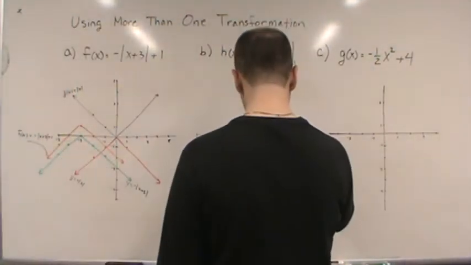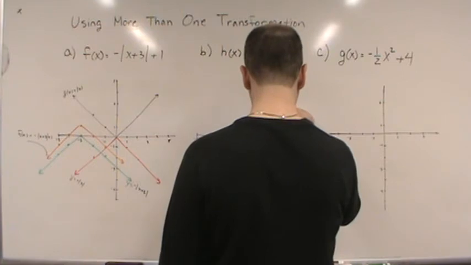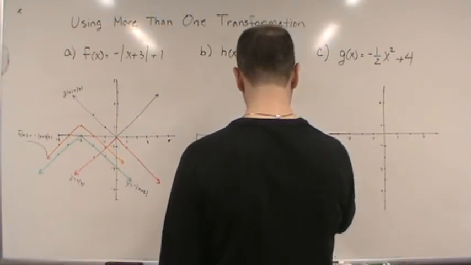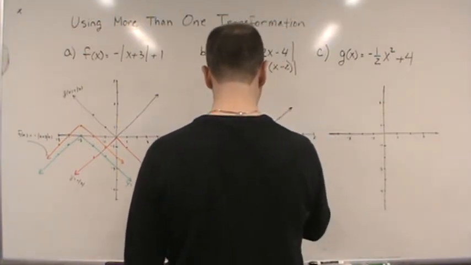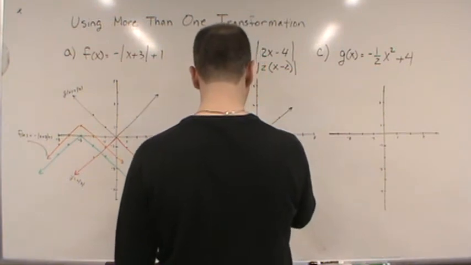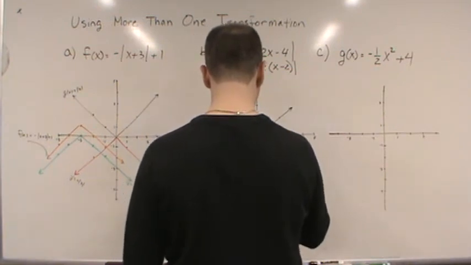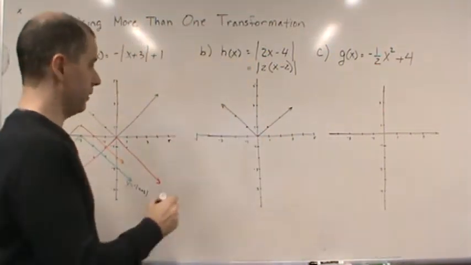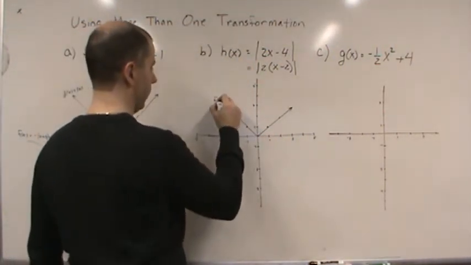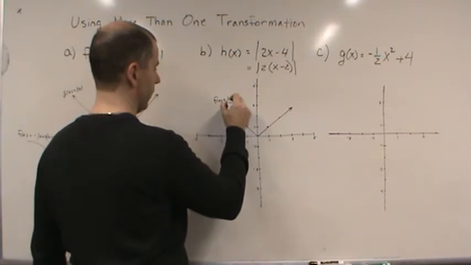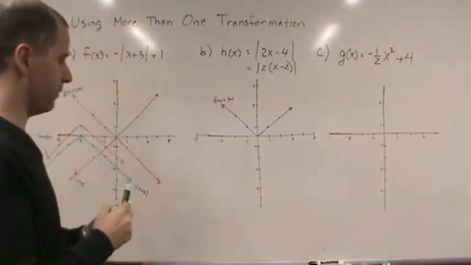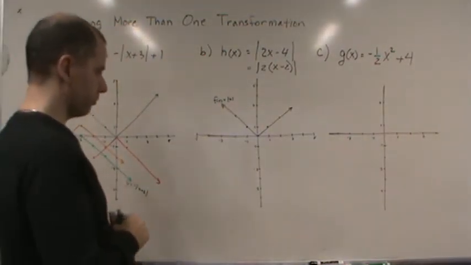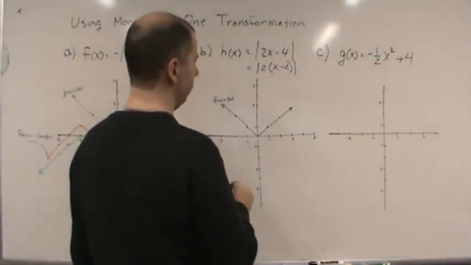So let me sketch the graph. Okay, so here's our f of x equal to the absolute value of x. And so now, what's the first thing we're going to do? Well, here's what I'm going to do.